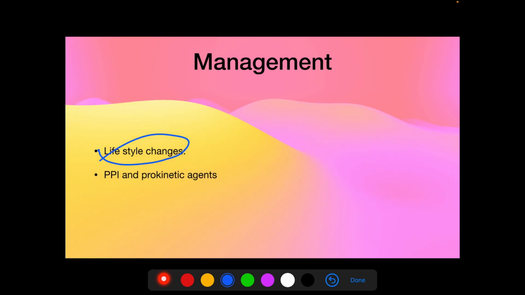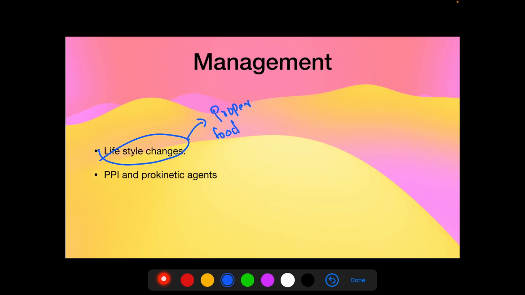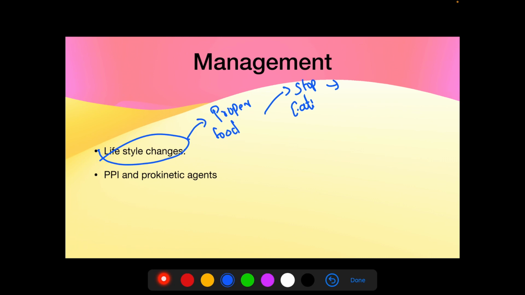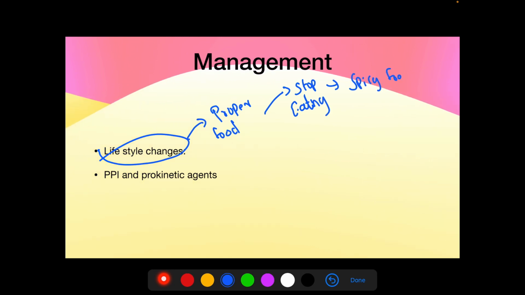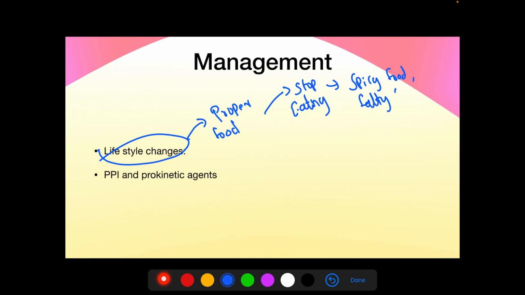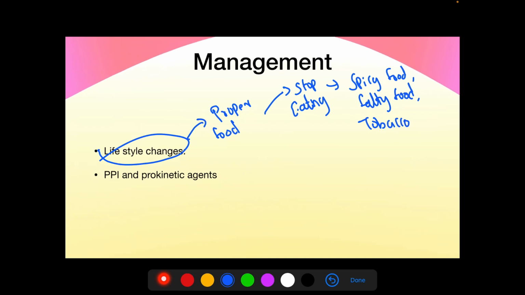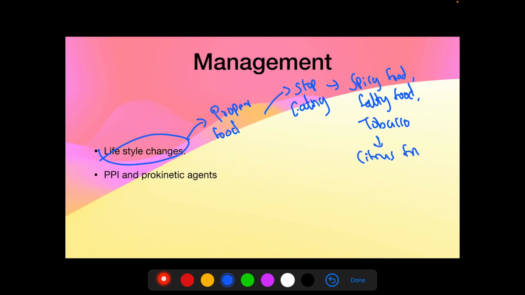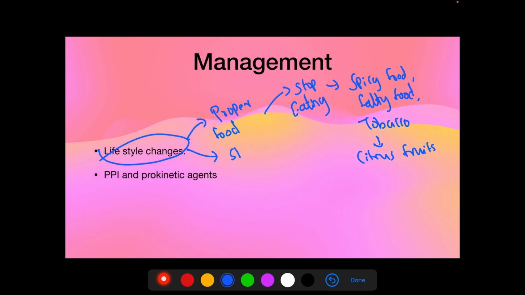Lifestyle changes include proper food, which means stop eating spicy food, fatty food, tobacco, as well as citrus fruits such as lemon, oranges, etc. Also stop smoking and alcohol.